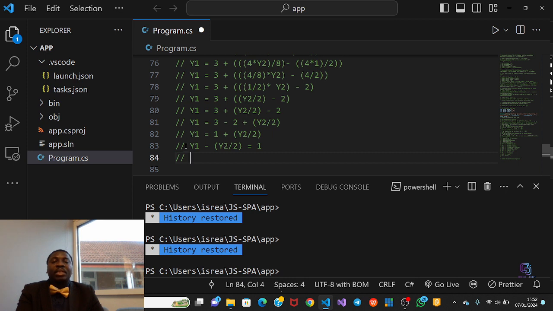If I multiply both sides by 2, this will be 2y1 minus 2y2 divided by 2, which is equal to 2. So if I now divide it by 2, that will just be y1 minus y2 divided by 2, which is equal to 1.